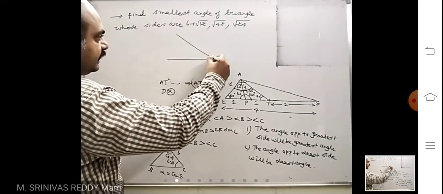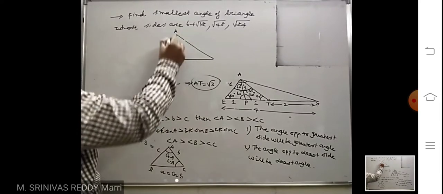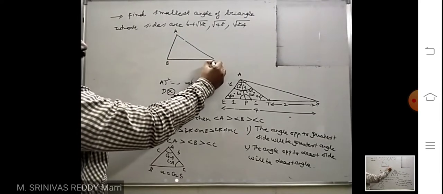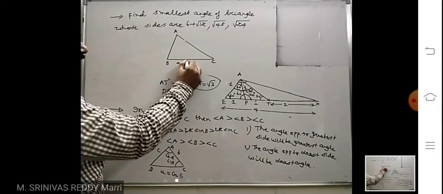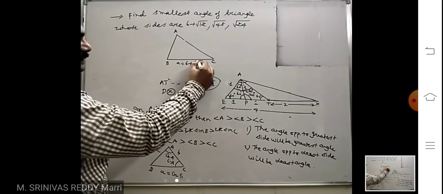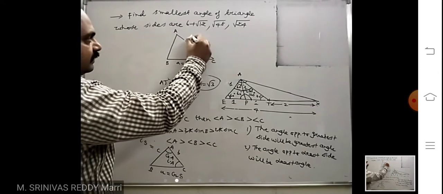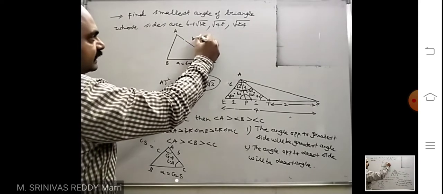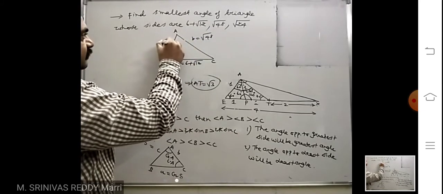I am drawing the triangle. Construct the triangle. Take the given sides as A, B, and C. C is root 24.